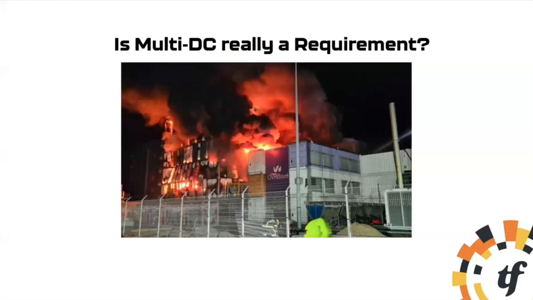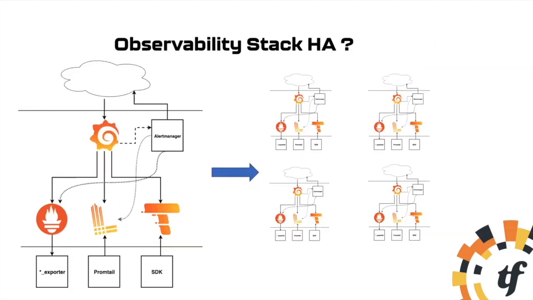And then the day after, my ISO 9001 person came back in and asked, have we fixed this? In our case, can we survive an entire campus burning down? That made me look into whether we can turn this singleton of an observability stack into multiples.